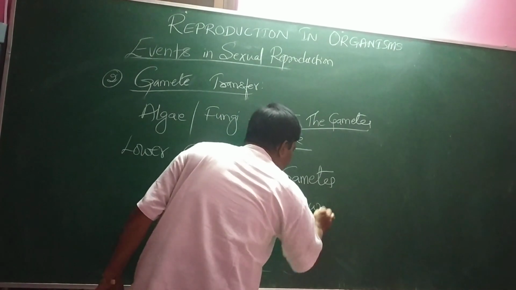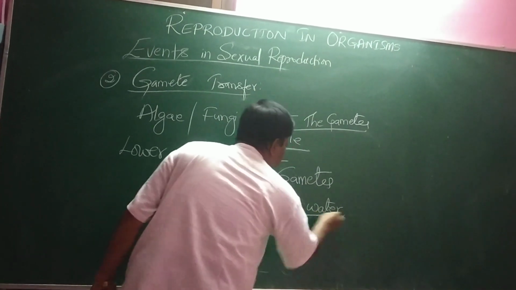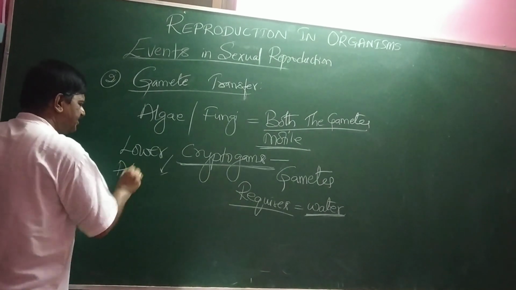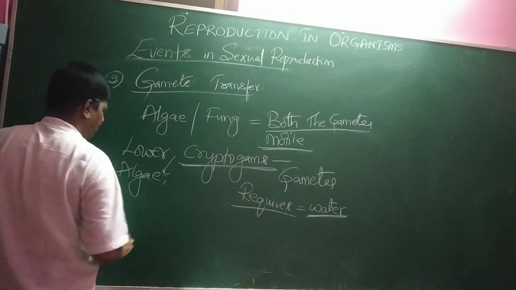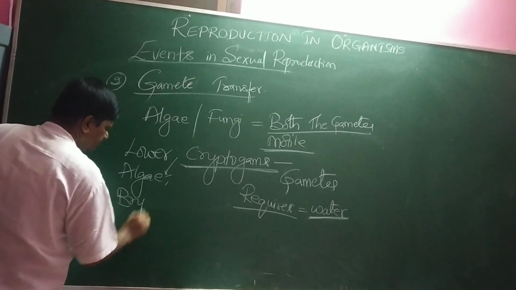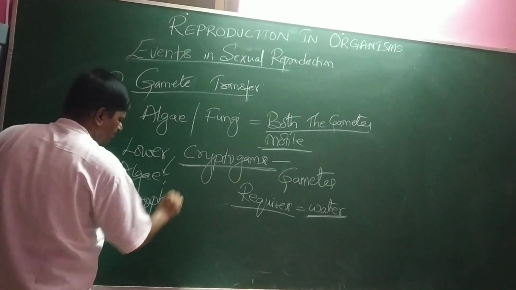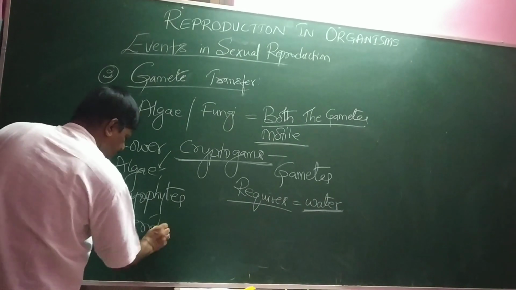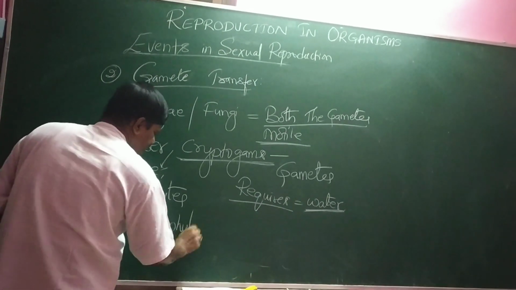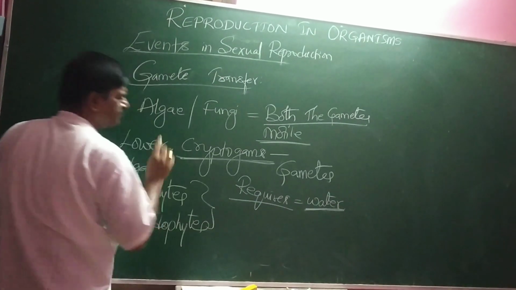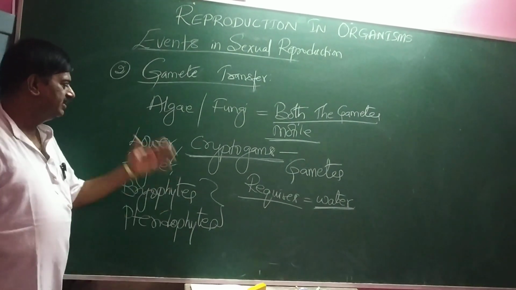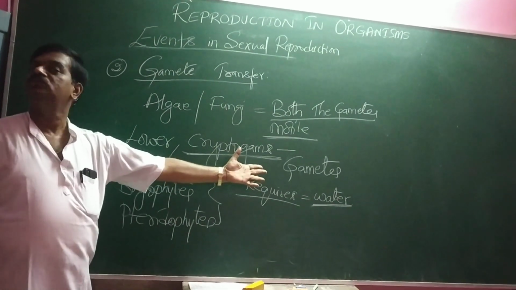For example, they require water for the movement of gametes. For example, cryptogams like algae, bryophytes, pteridophytes. In these plants, the male gamete always moves towards the female in the presence of water.